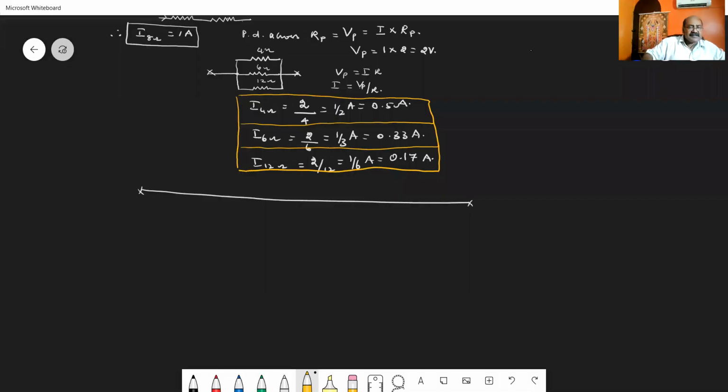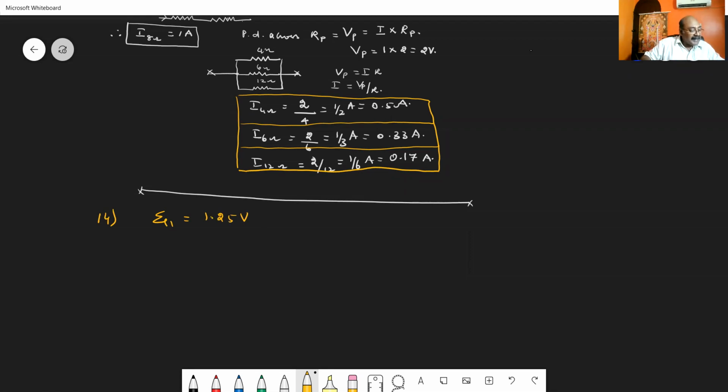Now, question number 14. In a potentiometer arrangement, a cell of EMF 1.25 volt gives a balance point at 35 centimeter length of the wire. If the cell is replaced by another cell and the balance point shifts to 63 centimeter, what is the EMF of the second cell? That was the question. See, in a potentiometer arrangement, a cell of EMF, so I consider E1 equal to 1.25 volt.